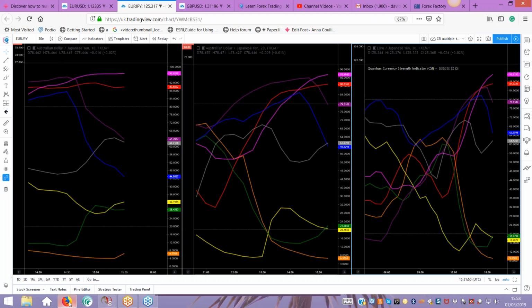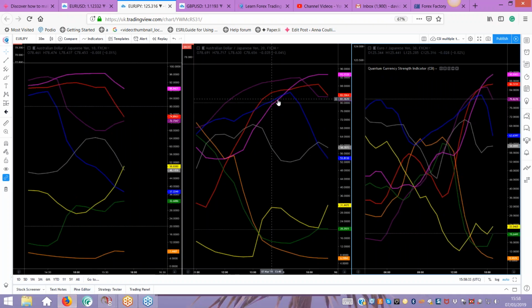I'm just going to pull up Trading View, because on Trading View what I've got is different time frames on the CSI, and I'm particularly interested in the yen. I've got the 10-minute here, this is the 20-minute, and this is the 30-minute. The yen is this magenta line here. You can see on 10, it's very overextended, very overbought.